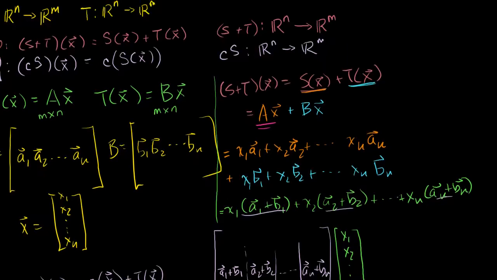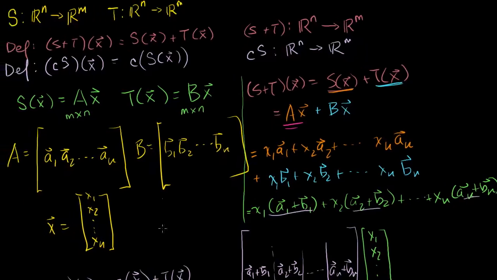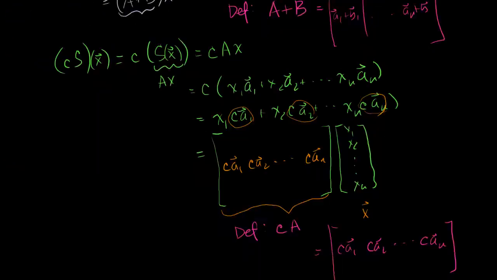And I went through the trouble because I wanted you to understand that it is natural, but there's nothing about the universe that said matrices had to be defined this way. Matrix addition or matrix scalar multiplication or the addition of two transformations. I wanted you to see that the mathematical world has constructed it in this way because it seems to have nice properties that are useful. And that's what I've done in this video.